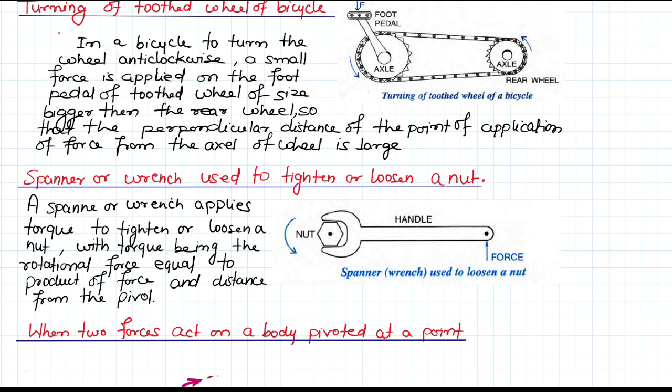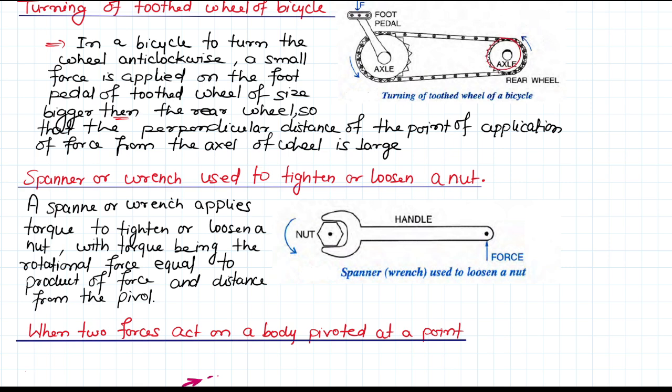Next part, turning of the toothed wheel of a bicycle. These are applications of torque. In a bicycle, to turn the wheel anti-clockwise, we pedal. A small force is applied on the foot pedal of the toothed wheel, which is bigger than the rear wheel.